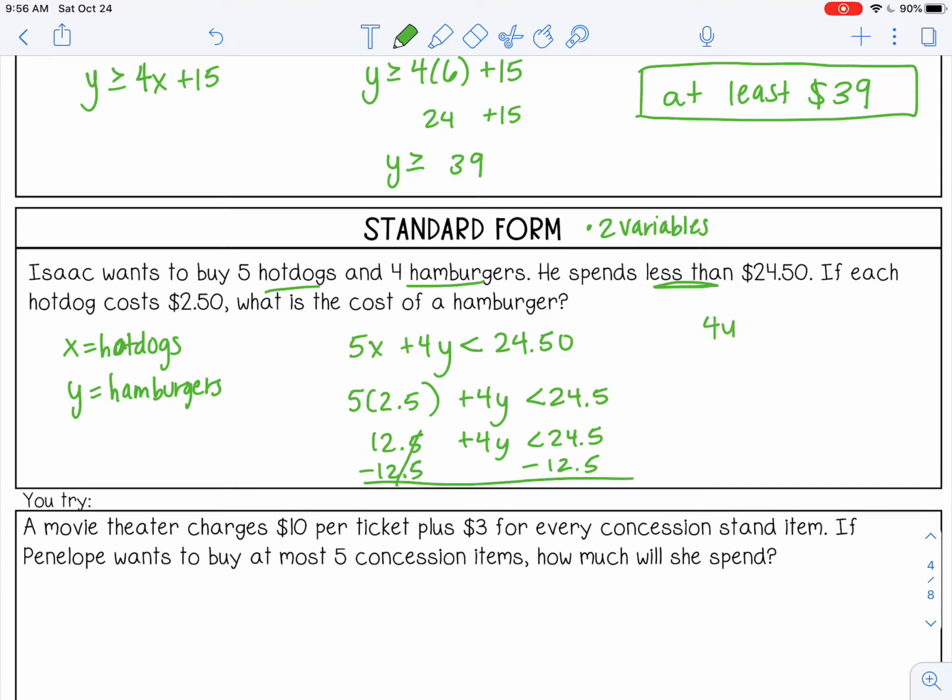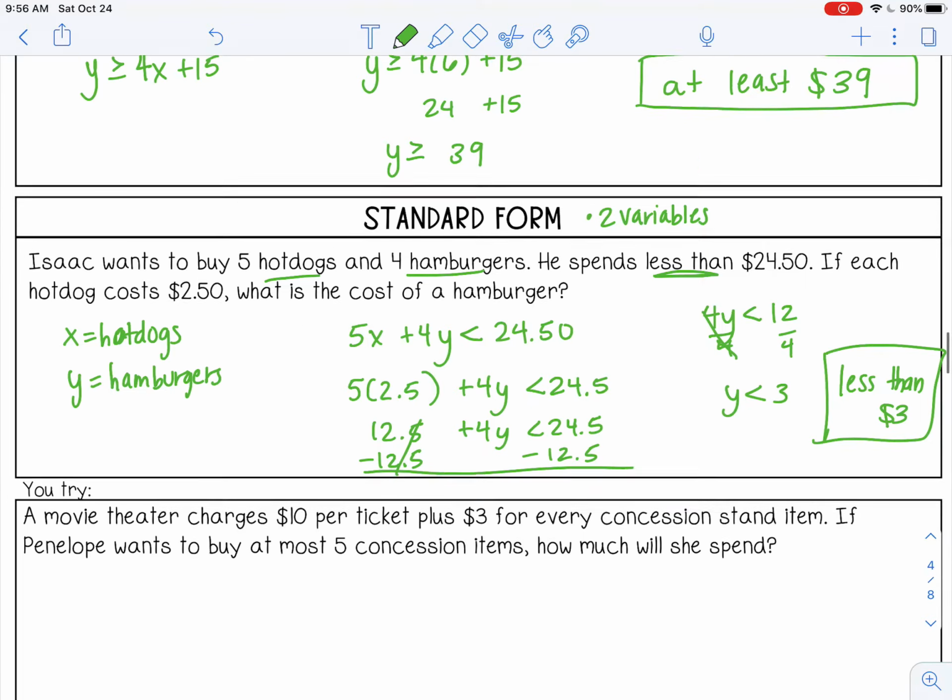I'm going to run out of room, so I'm going to bring the inequality up here. 24.50 minus 12.50, that's 12. And then divide by 4. So y is 3. So what is the cost of a hamburger? It's less than $3. So basically $2.99 or less.